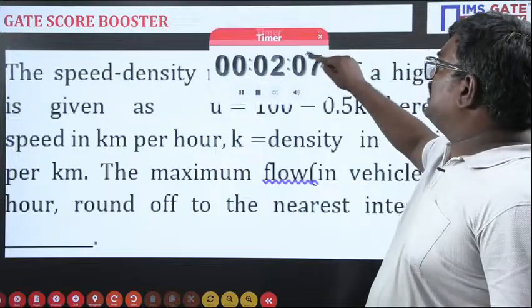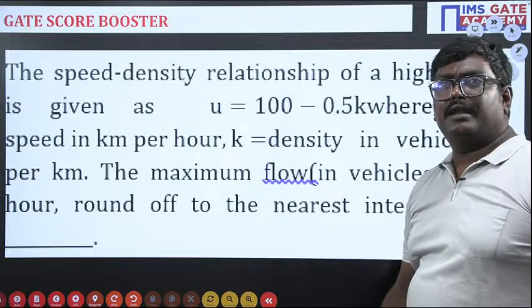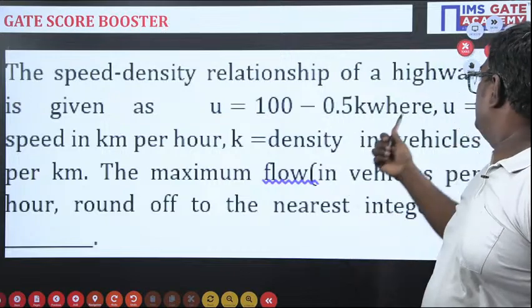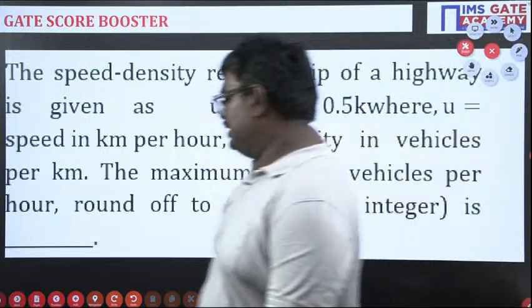We have done this kind of problem also. The speed density relationship is u equal to 100 minus 0.5 k, where u is the speed in kilometer per hour and k is the density. Now see, students, what is u?